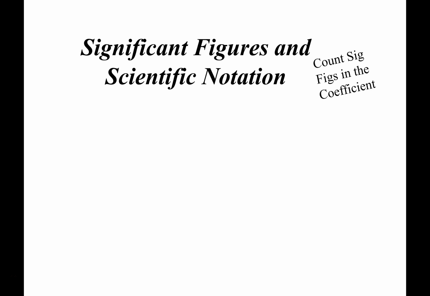Positive for large numbers. And in a minute, we'll do an example of a small number, and we're going to move the decimal for a small number from the left to the right, and then this exponent, or power of 10, is going to be negative. I'm not a math teacher. Negative for small numbers. Okay.